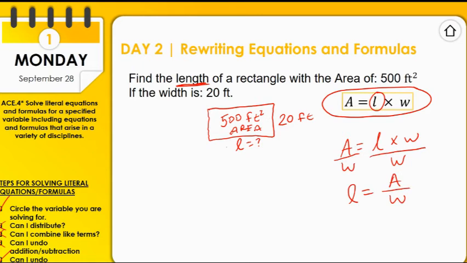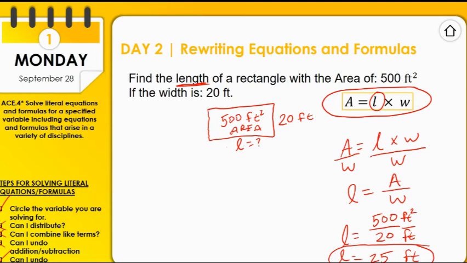And now all I do is take the values that I already have. Length equals 500 divided by 20, feet squared over feet. So my length should be in terms of feet. And I divide 500 by 20, which is 25. So my length would be 25.